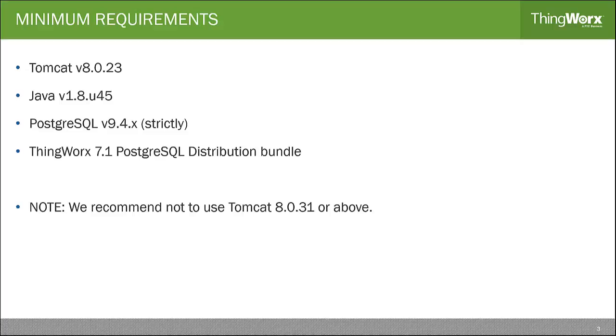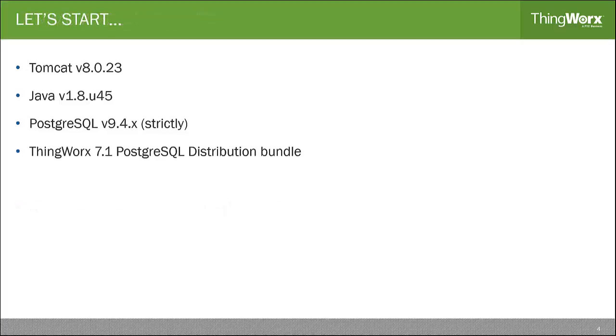And for this demo, I'm going to use the ThingWorx 7.1 PostgreSQL distribution bundle. We also recommend not to use Tomcat version 8.0.31 or above, as we face potential issues using 8.0.31 and 8.0.33. So let us start the installation.